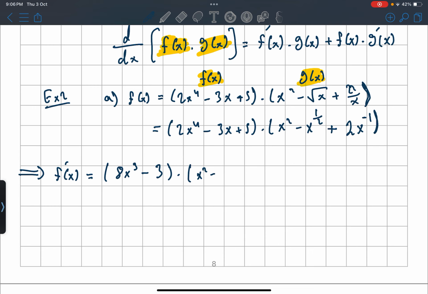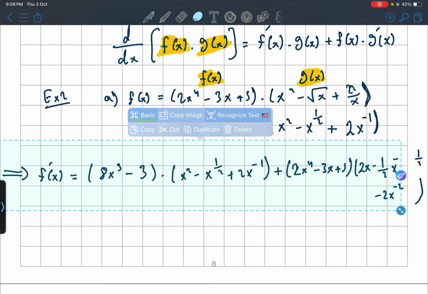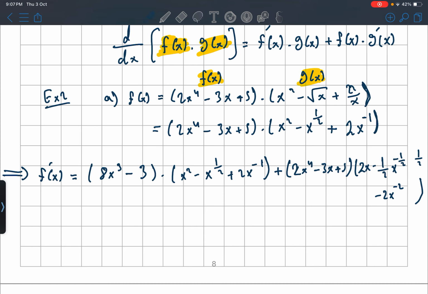Sorry, I have to simplify it. x squared minus x power of 1 over 2 plus 2x power of negative 1, plus f(x), 2x power of 4 minus 3x plus 5, times the derivative of g(x), which will be 2x minus 1 over 2 x power of negative 1 over 2 minus 2x power of negative 2.